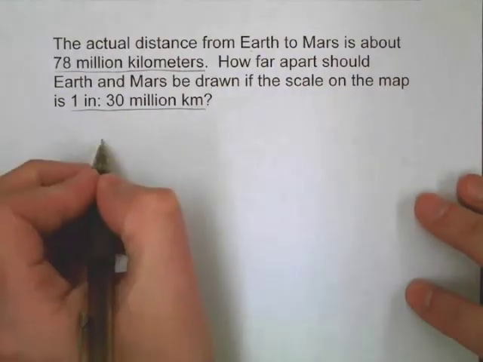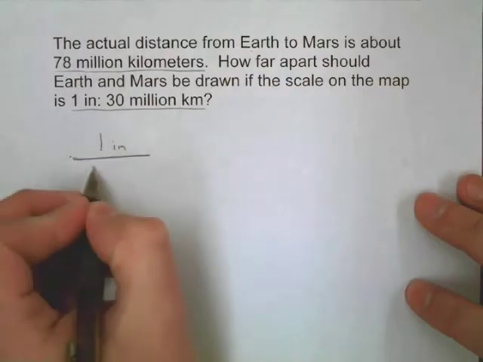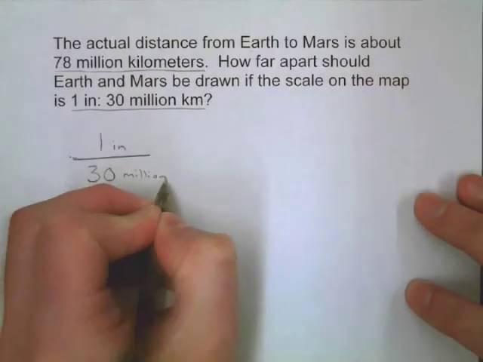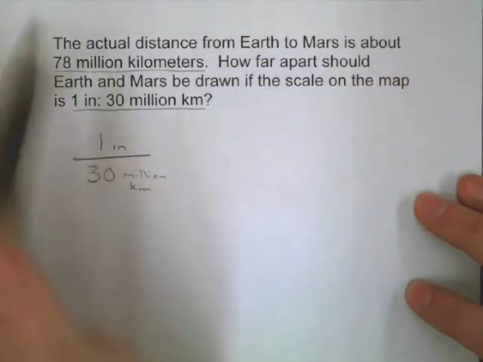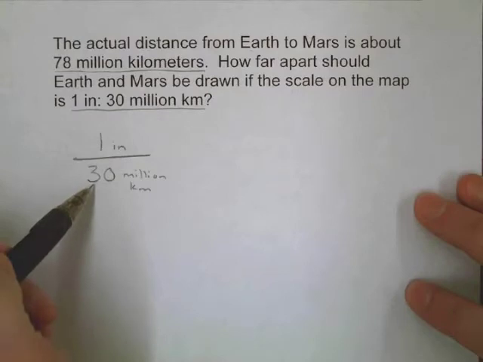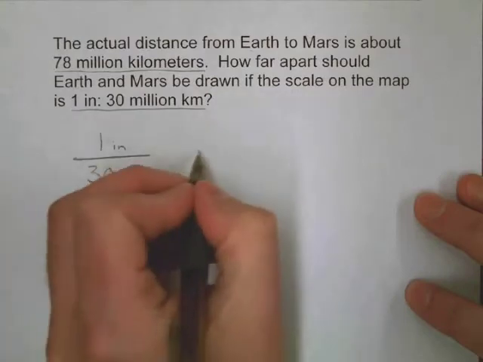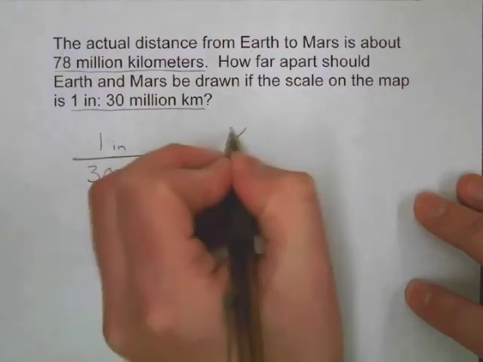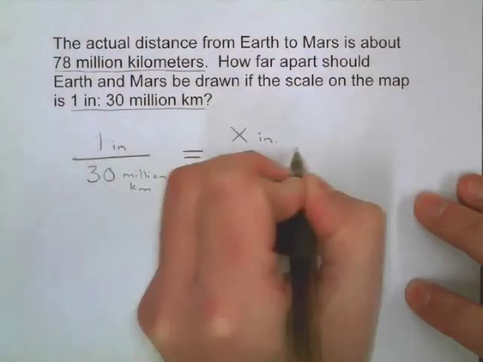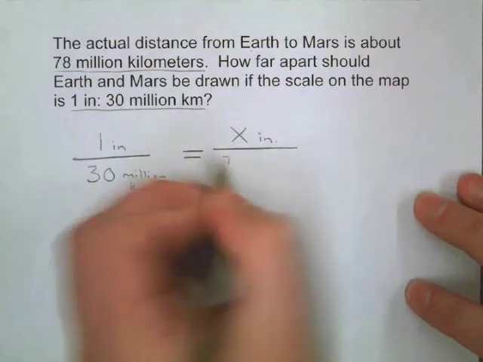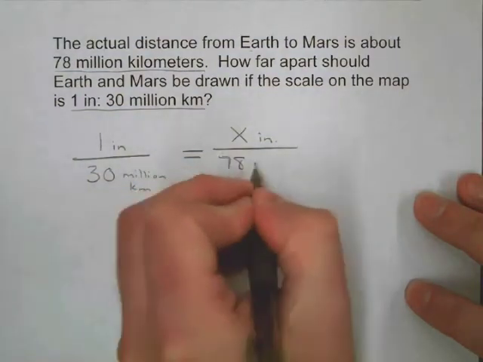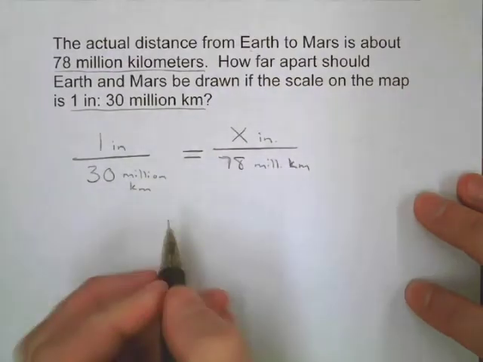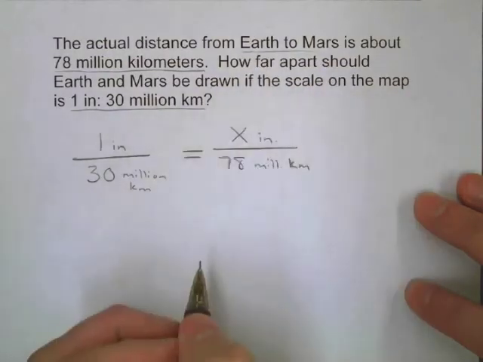So again, we know that 1 inch is to 30 million kilometers. That's our ratio of the distance on the map to the distance in real life. We'll set up a proportion. 1 inch is to 30 million kilometers as some number of inches on the map is to 78 million kilometers, our distance in real life that we know between Earth and Mars.